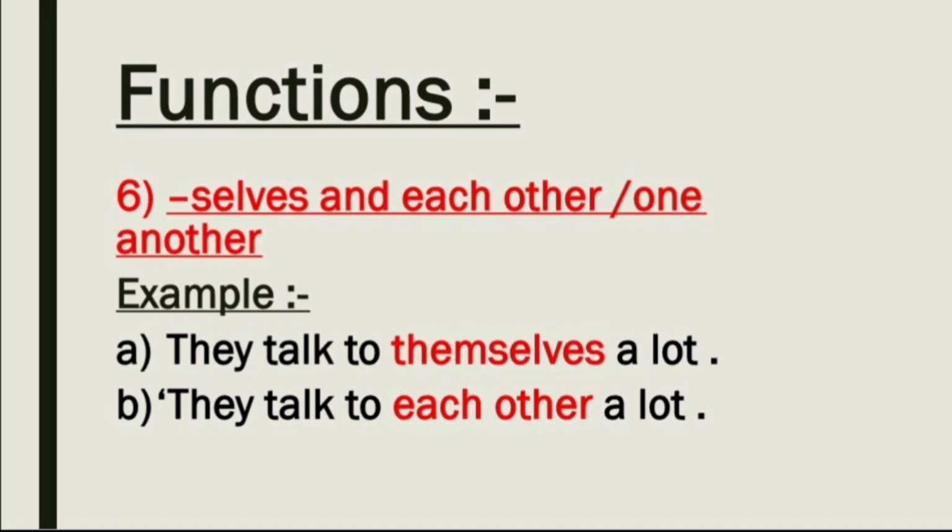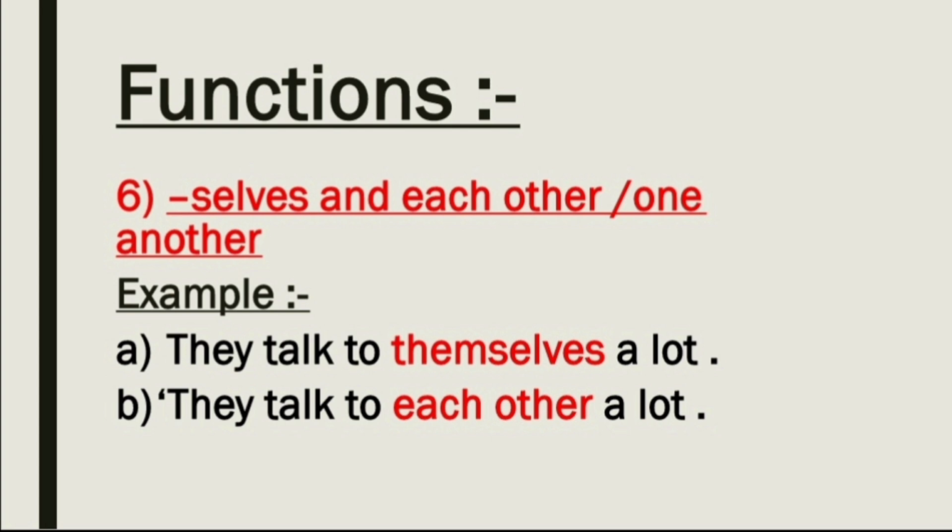Function number 6 says selves and each other or one another. You have to note the difference between using selves, which is a reflexive, and each other or one another, which is a reciprocal. What is the difference between using them both? What will that mean? Let us have a look at these examples.